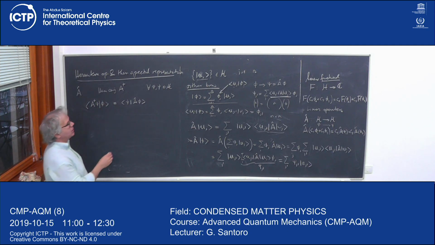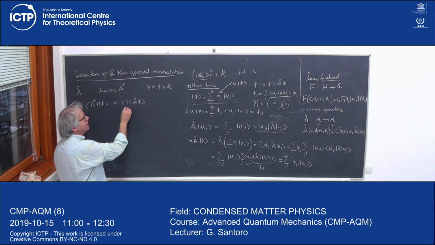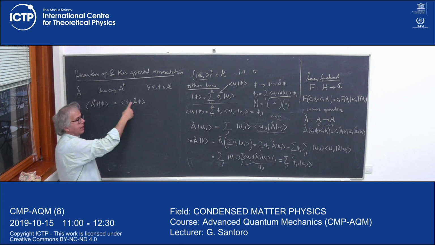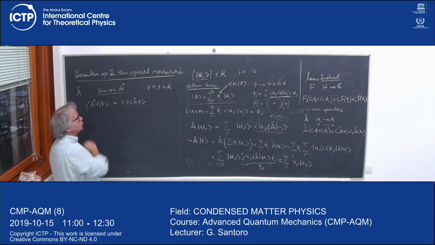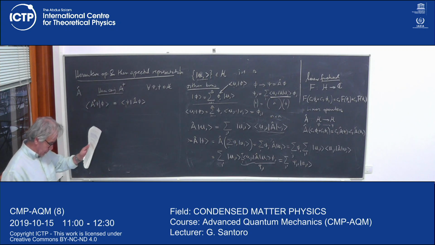In other words, it is the operator that you need to put here if you want to move this. This is the Hermitian conjugate in general. Is it clear? Okay.